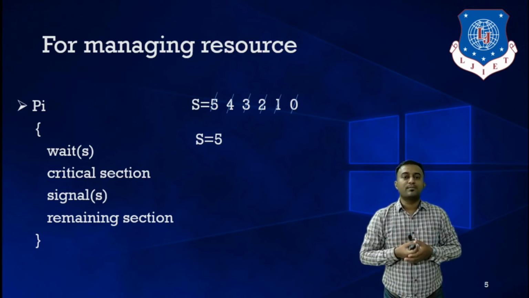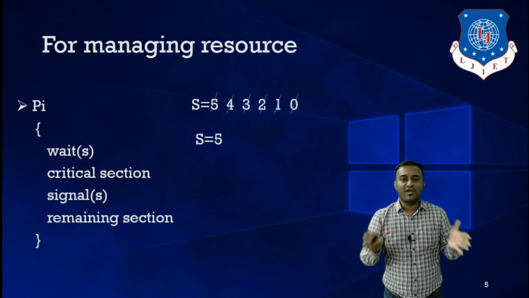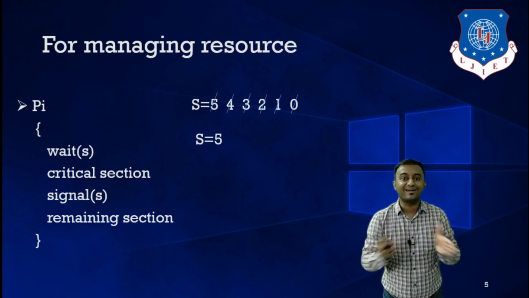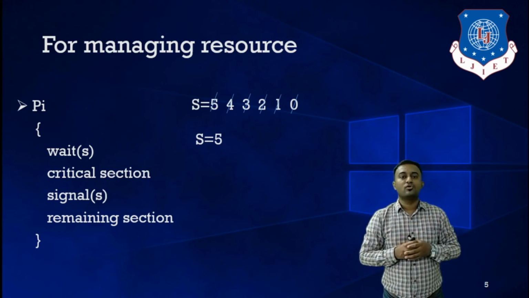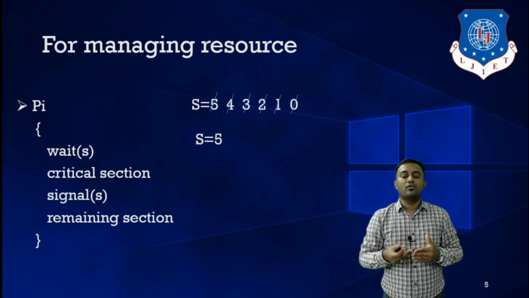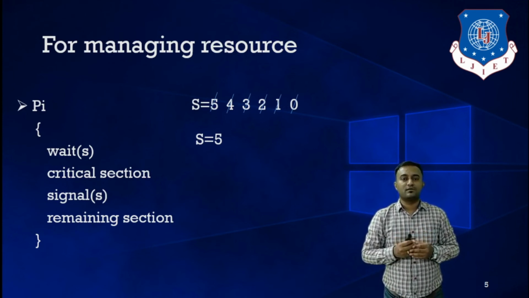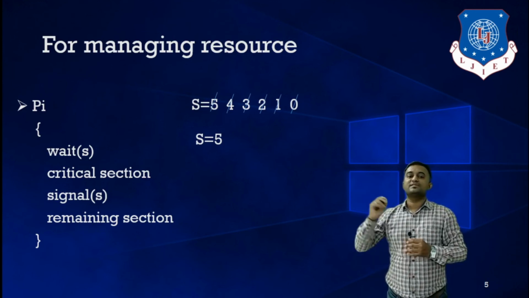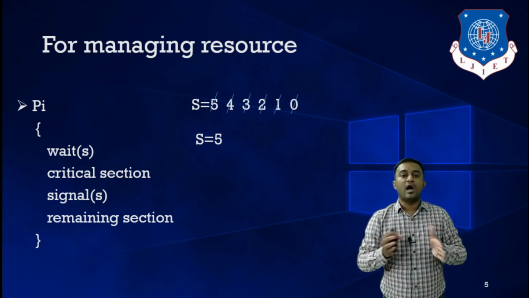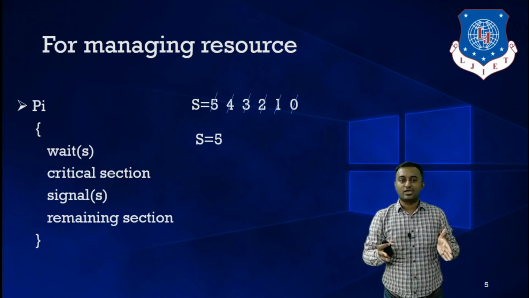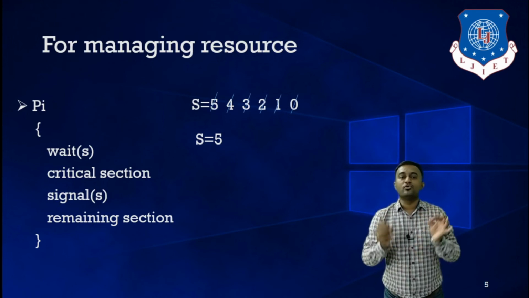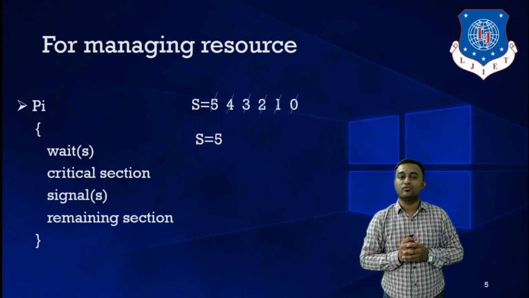For example, suppose we have 5 printers. How many processes can we execute concurrently? 5. If we have 5 resources, we can provide 5 processes to it for execution. So the value of S is initialized to 5, because the number of processes that you want to execute is the semaphore's initial value.